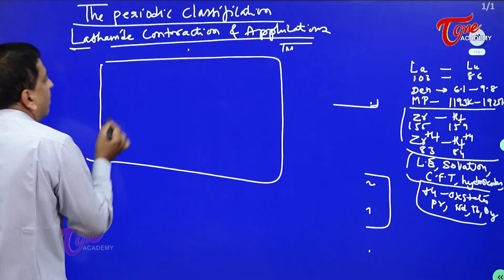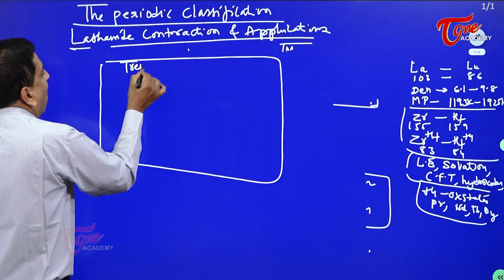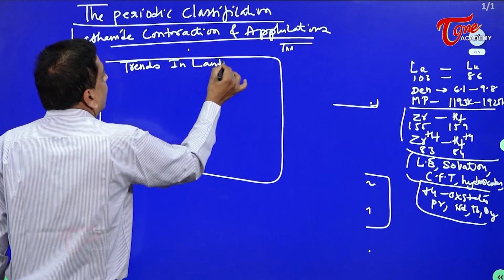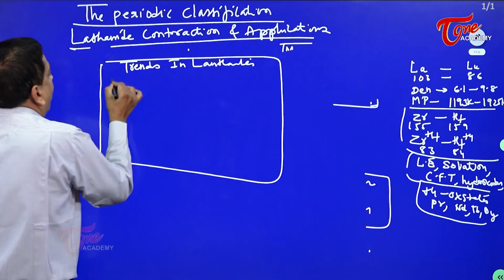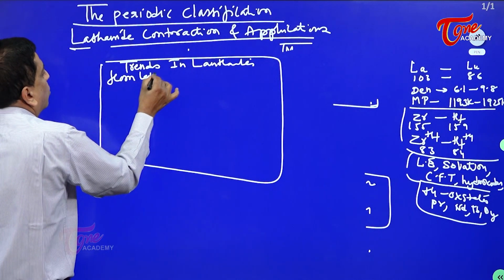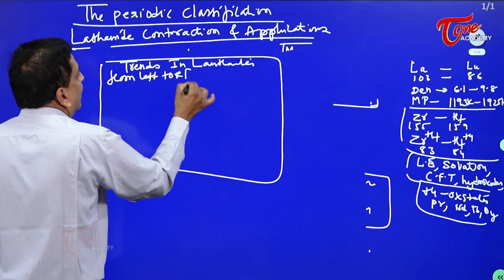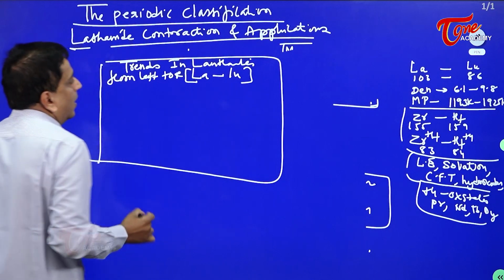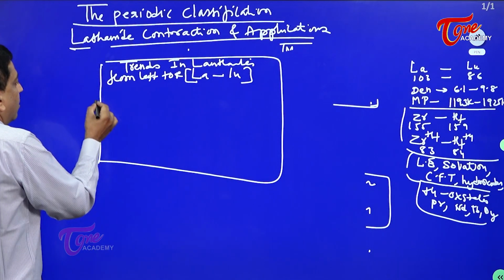So remember the trends in lanthanides from left to right. You can say from lanthanum to lutetium. You can write down, these are the trends.